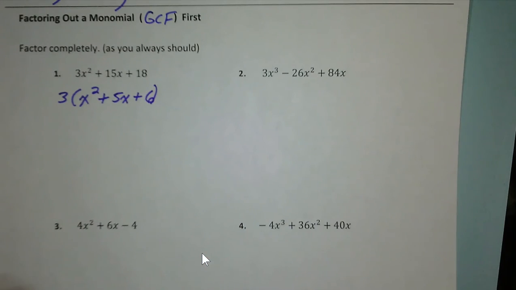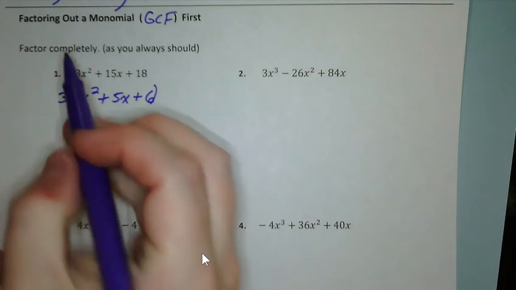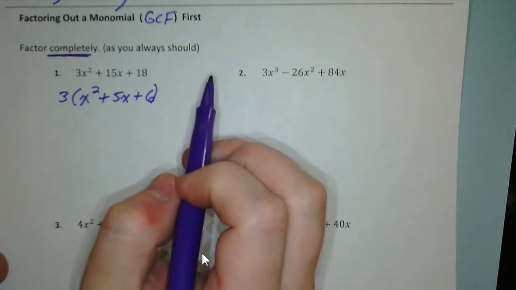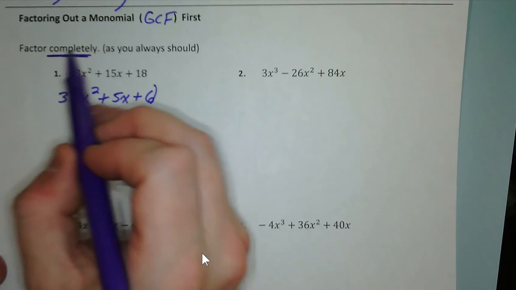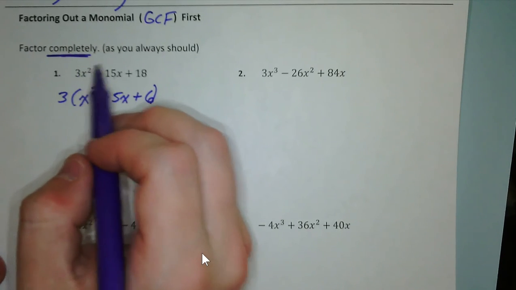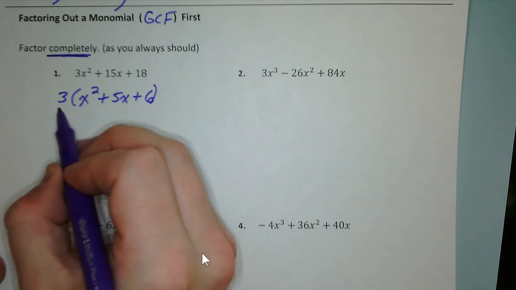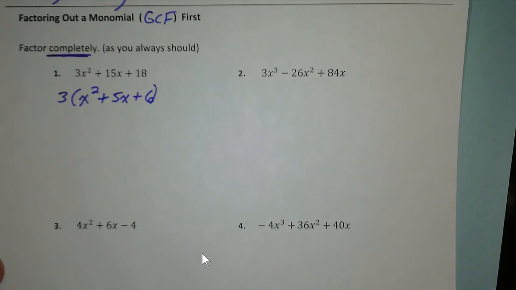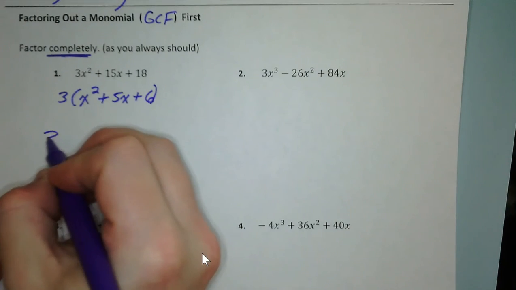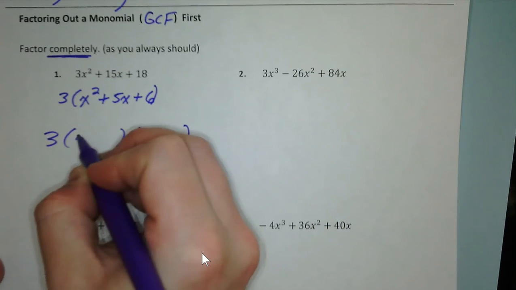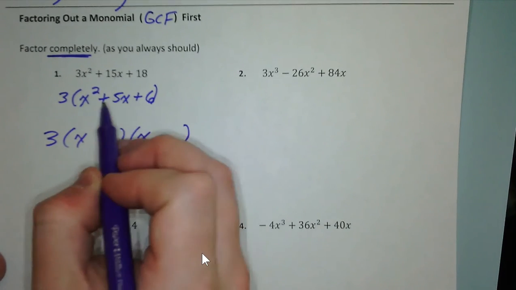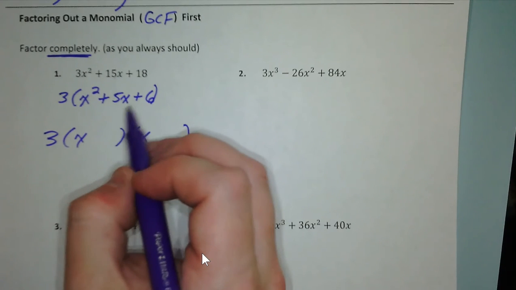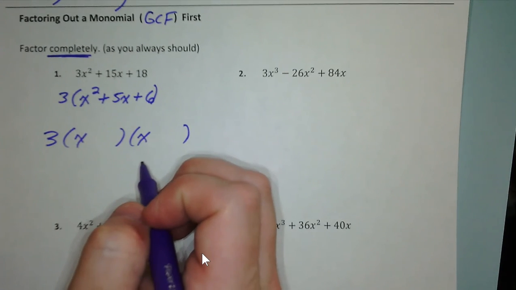But here's the new plot twist. We need to factor completely, as we always should. The directions shouldn't have to literally say factor completely. You always should do this. Here's the thing. This bubble of x squared plus 5x plus 6 can factor again by unfoil, of course. So the 3 comes down, and this x squared plus 5x plus 6 can get broken up again by basic unfoil.